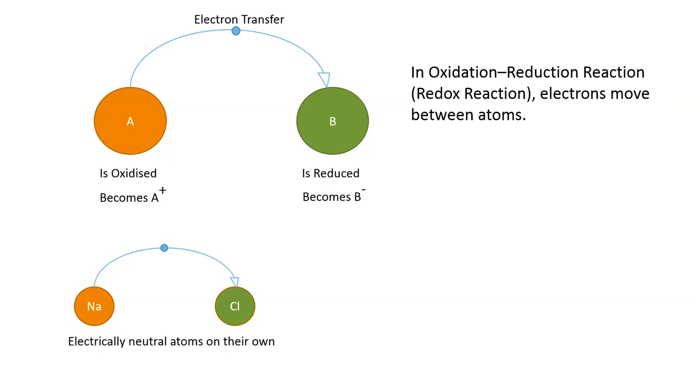Sodium loses an electron and becomes Na+, and chlorine gains an electron and becomes Cl-. Two ions of opposite charges attract each other to form ionic compound sodium chloride. So, this is the process of formation of sodium chloride.